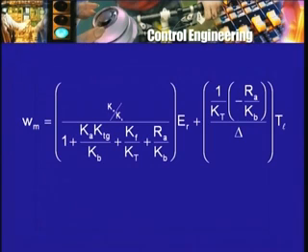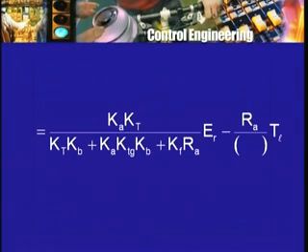So if I now get rid of the fractions here in this coefficient that multiplies ER, then what will I get? I will have to multiply numerator and denominator by Kt into Kb to get rid of the fractions. So if I do that, then I will have in the numerator Ka into Kt, and in the denominator I will have Kt Kb plus Ka K tacho generator Kb plus Kf into Ra.